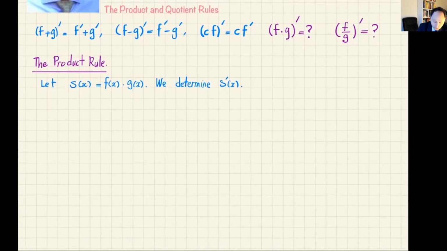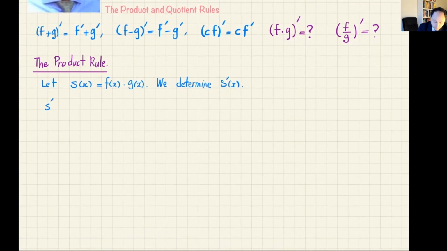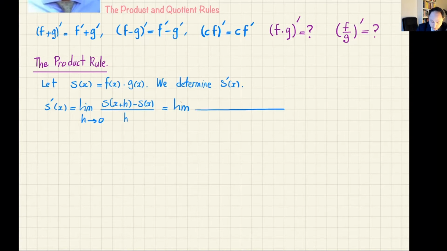You know the definition of the derivative. S prime of x is a limit: the limit of S of x plus h minus S of x, divided by h, as h goes to 0. Hopefully you know what to do here. I just copy and paste these parts that I don't need to change.